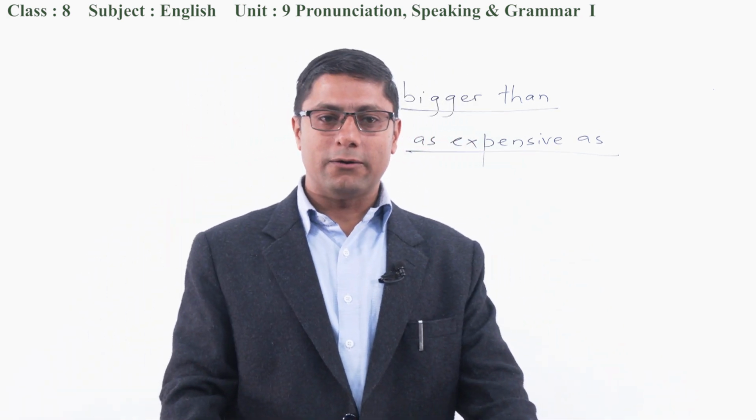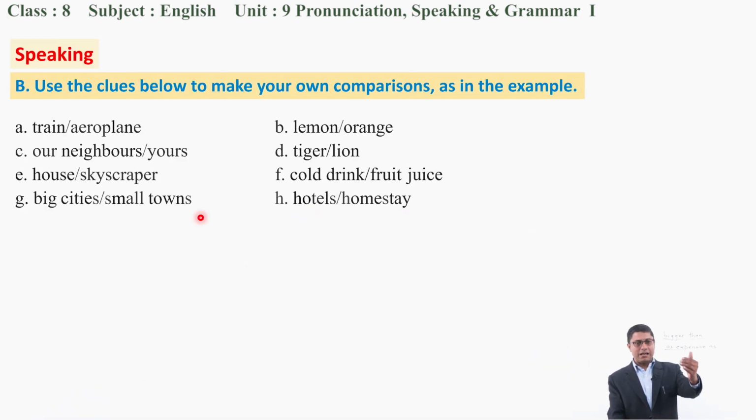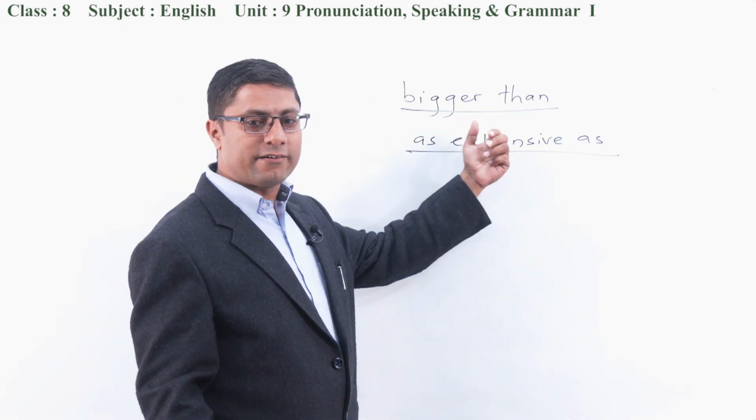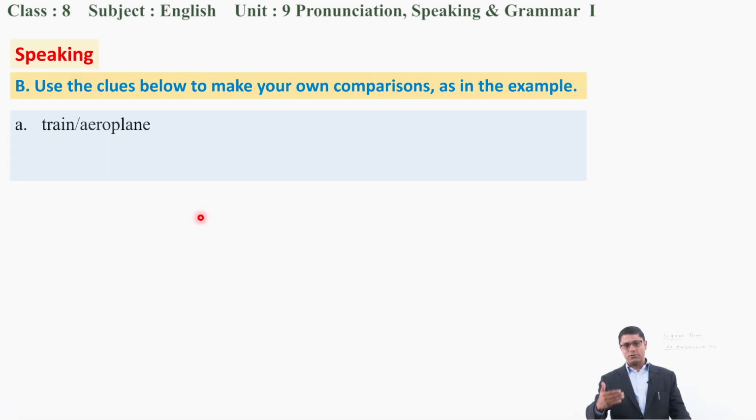Now let's do the exercise together. You do have different situations given there. We'll do one by one. Look at the very first situation, train and aeroplane. In the first one you will use comparative degree. Can you compare between a train and an aeroplane?